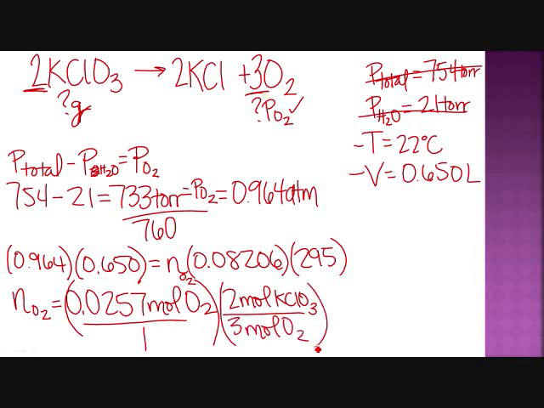And now we can just keep going from here, because what are we supposed to solve for KClO3? Grams. And if we have moles of it, how do you get to grams? Molar mass. Yeah, we need the molar mass. So we're going to multiply by the molar mass of KClO3.